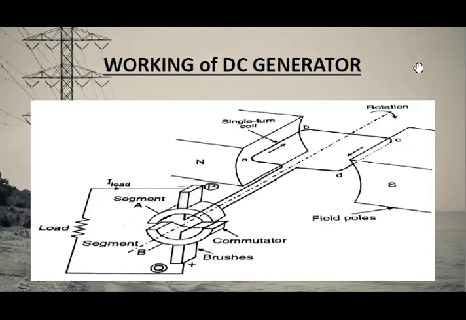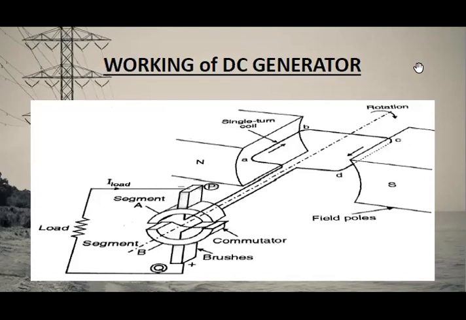And the generator field coils will generate an electromagnetic field, and the armature conductors are turned in that field. So therefore, the electromagnetically induced electromotive force will be generated within the armature conductors only. The direction of the induced current is given by Fleming's right hand rule.